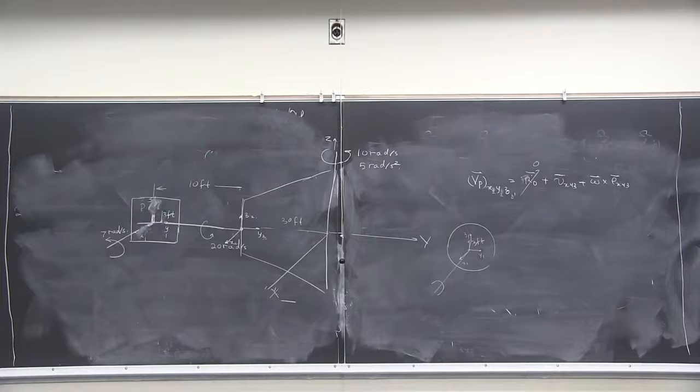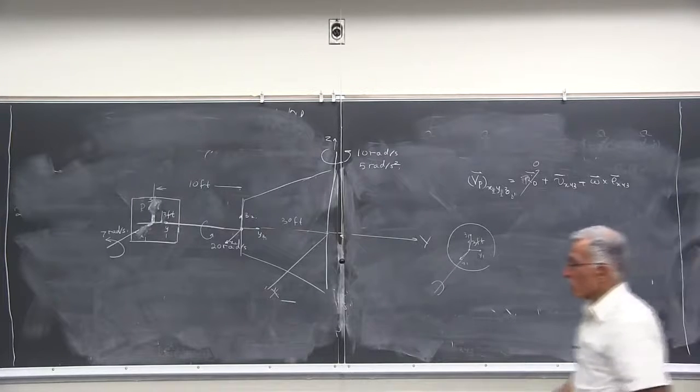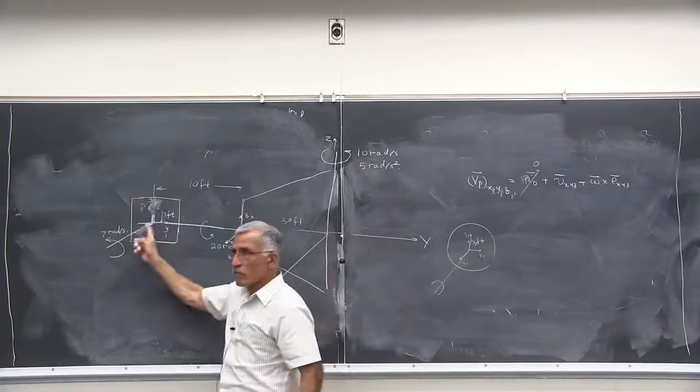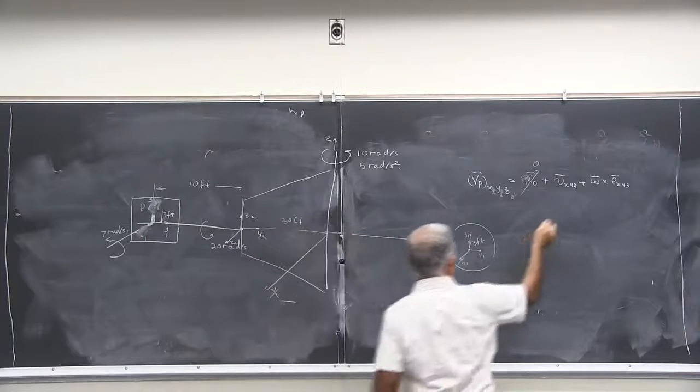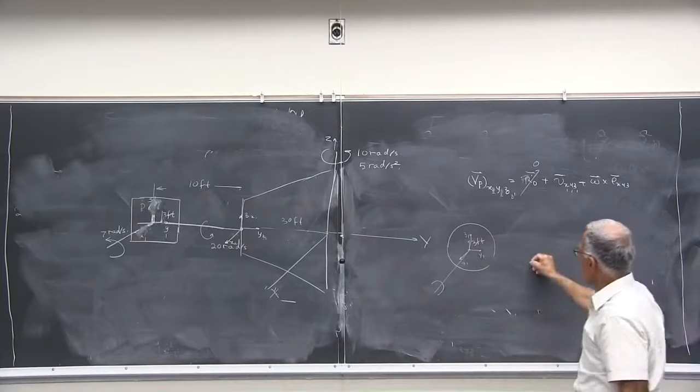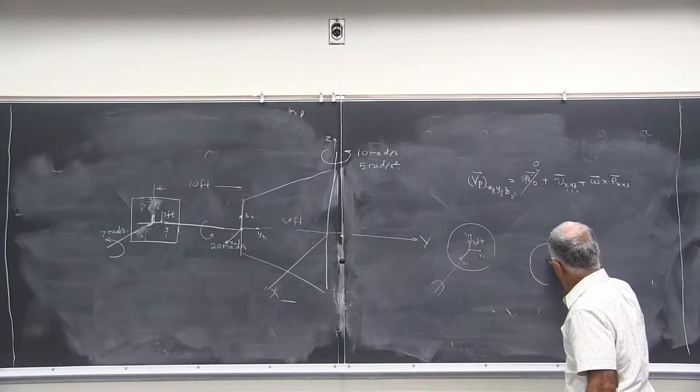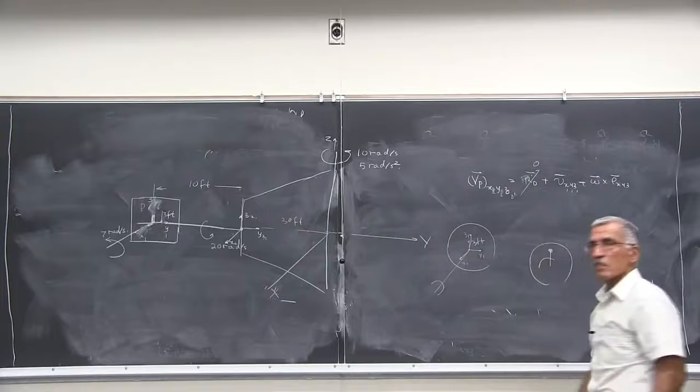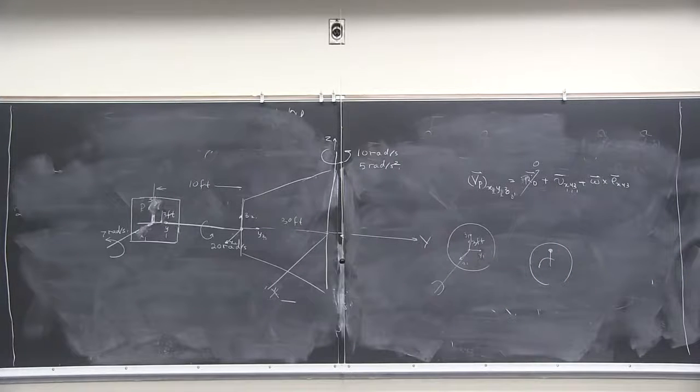Now you have to say what's the velocity of x, y, z with respect to this coordinate system x1, y1, z1. Well, this is my astronaut, and his head is here, going in this direction, and that's r omega.